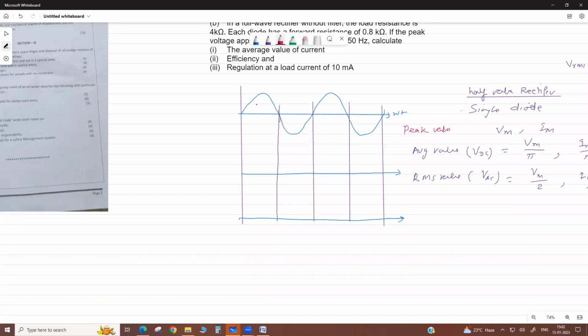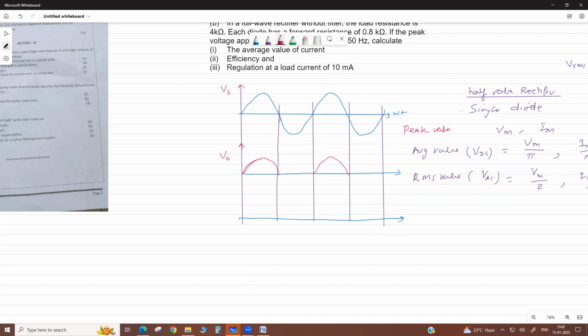Here see, in the half wave diode, we get only the positive half cycle, when there is a positive pulse. This is your output voltage. Here we show the input source voltage, the supply voltage.